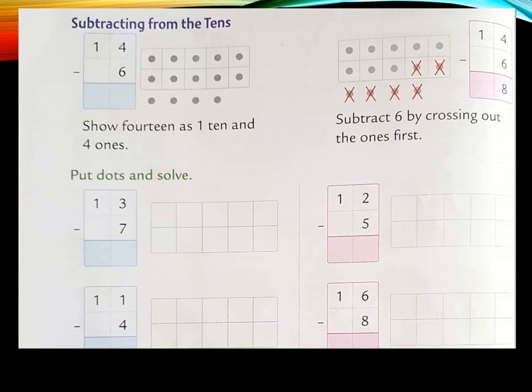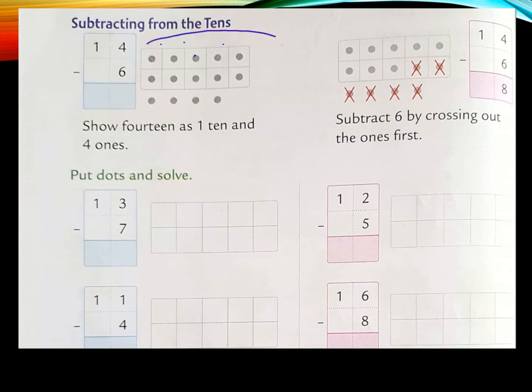Subtracting from the tens. Subtract from tens. 14 minus 6. So first we will draw 14 circles and then minus 6. So here are 1, 2, 3, 4, 5, 6, 7, 8, 9, 10.